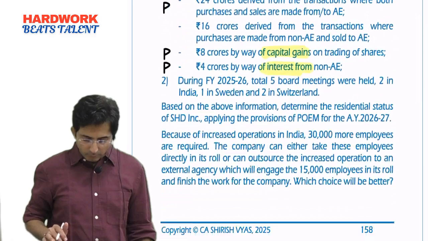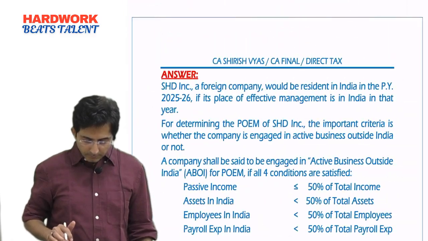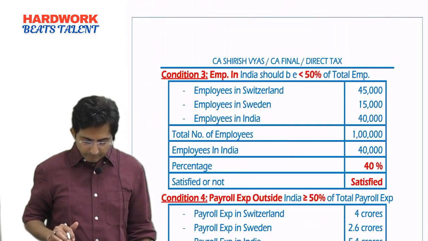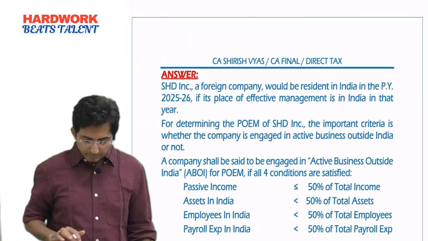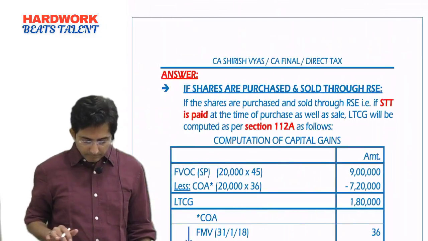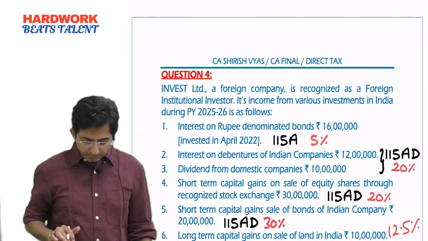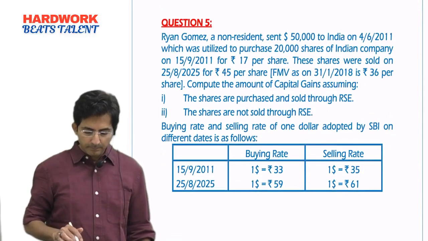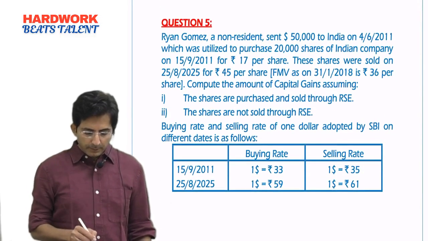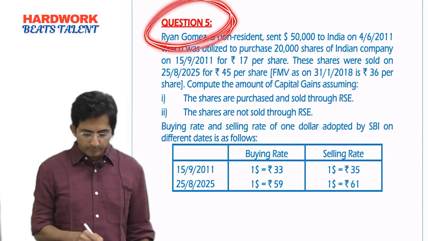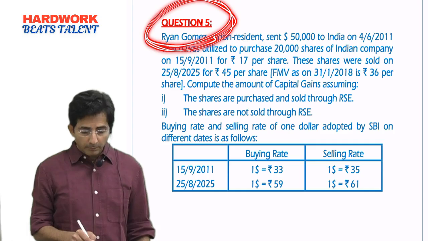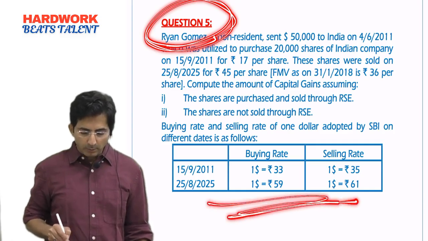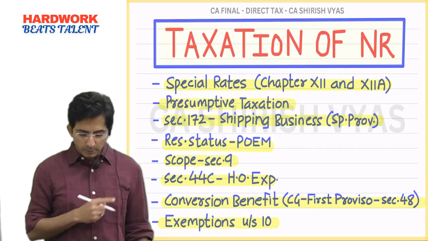Question 7 is homework. 6, 7. And one question 5. You know, question 5 is based on what? It is based on this concept.